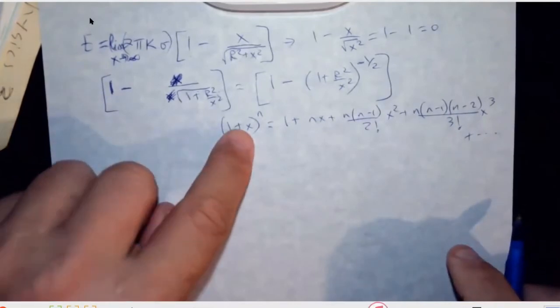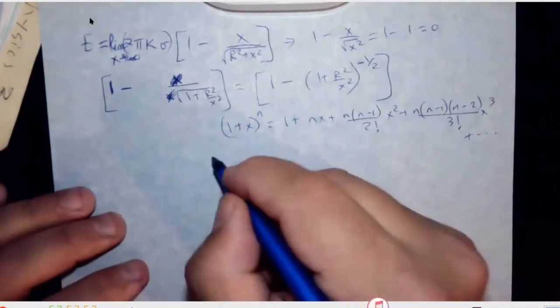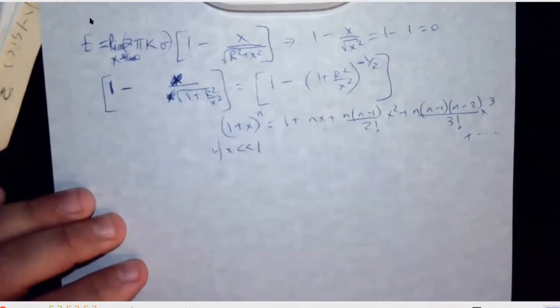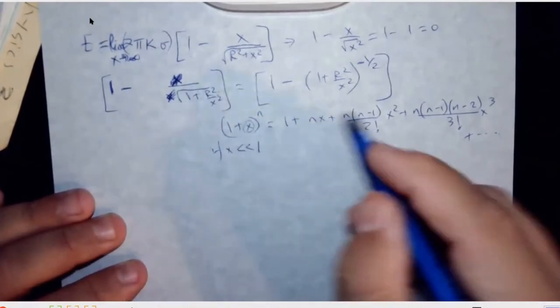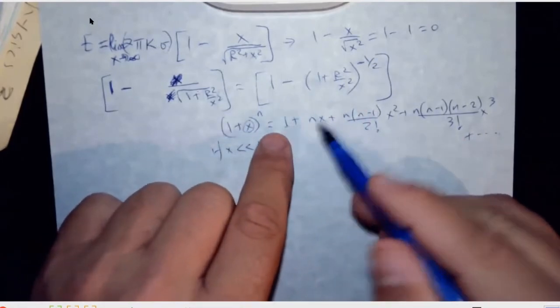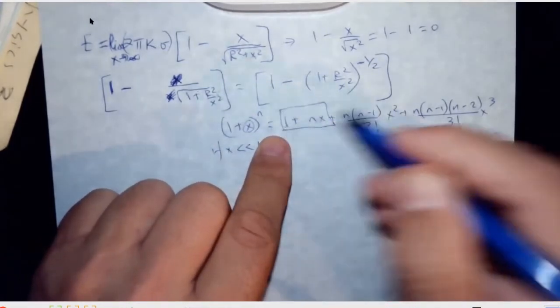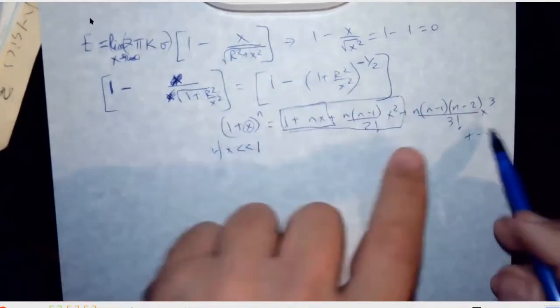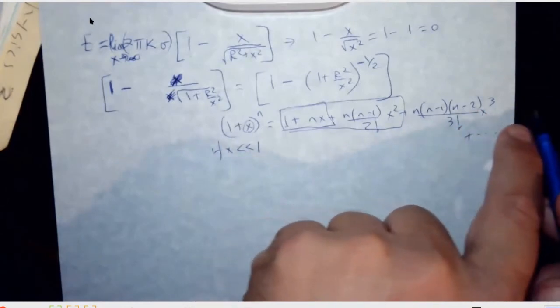But if x is a very small number, much, much smaller than 1, you can argue that you only need to keep the first 2 terms of this expansion, or in some cases, keep the first 3 terms. But these ones keep getting smaller.